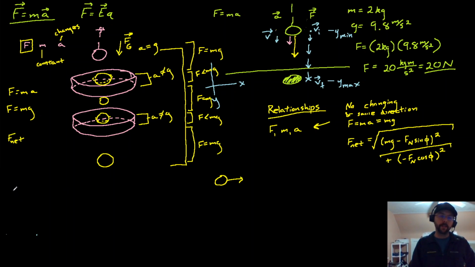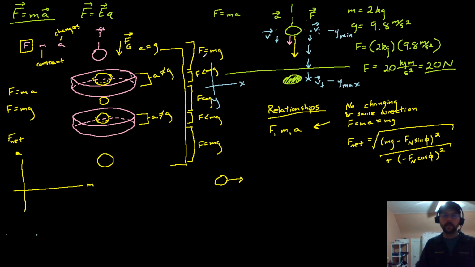If you represented the data graphically, at this first point we see that force is m times g. Well, let's say this axis represents m, and this axis represents acceleration, which is not always g. Sometimes it is, sometimes it isn't.